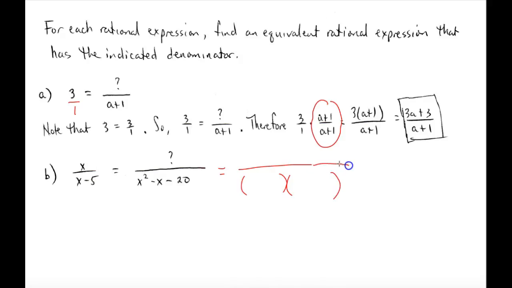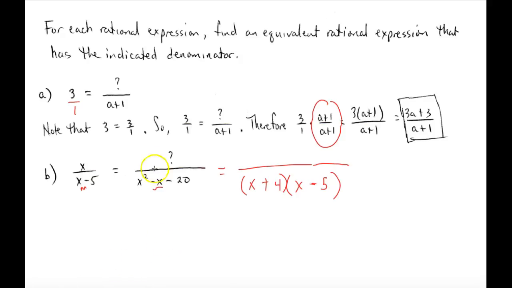So if we look here, this will be x and x. Since we have minus minus, that means one has to be a plus, one has to be a minus. And we know the factors of 20 that have a difference of 1 are 4 and 5. So we'll put 5 here, 4 there. So as you see, we have a factor of x minus 5 within this.